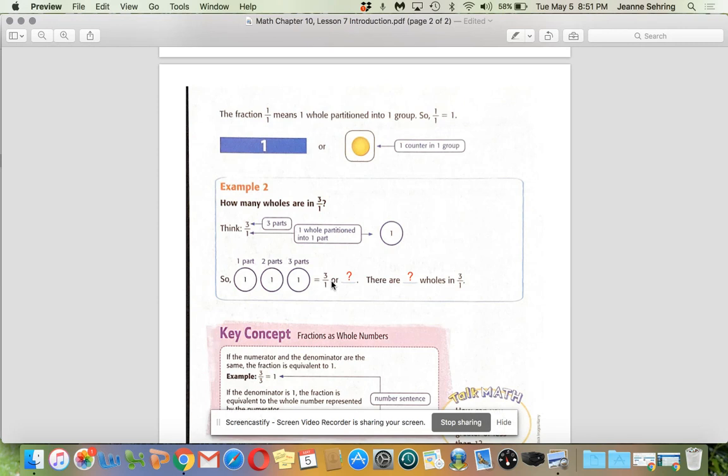It's like 3 separate objects, or 3. 3 over 1 equals 3. There are 3 wholes in 3 over 1, because each one is just divided into 1 part, and there are 3 of them. So 3 over 1 equals 3.